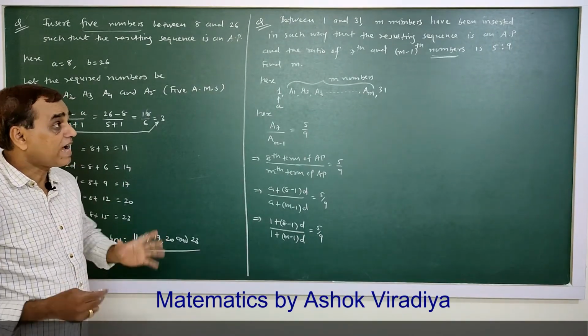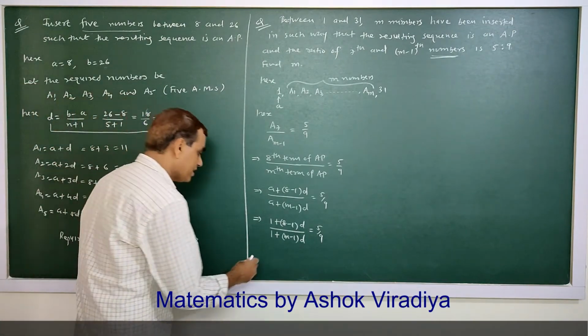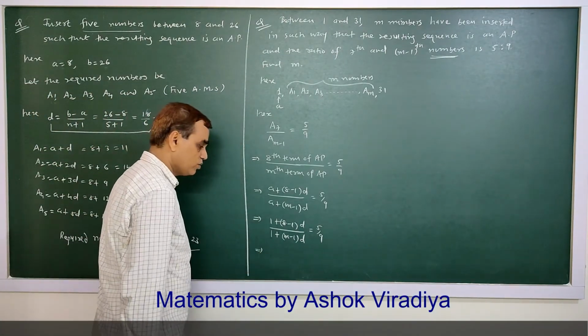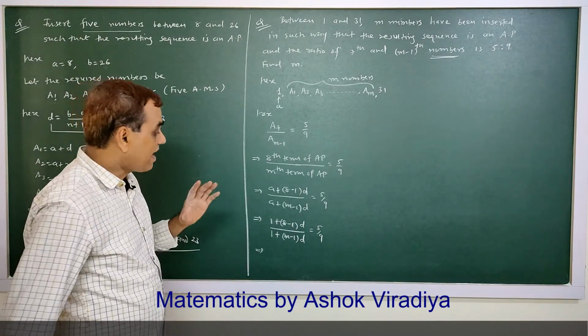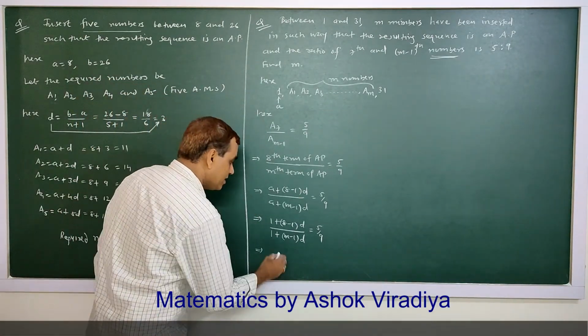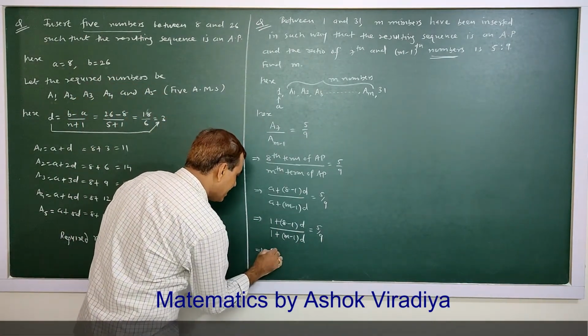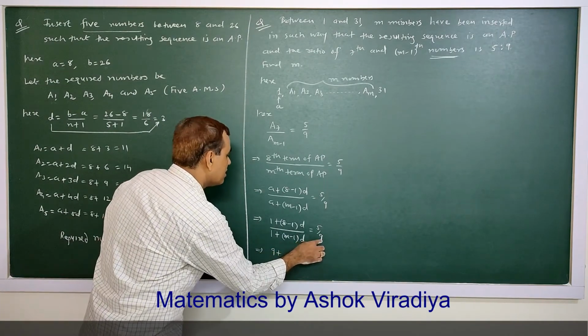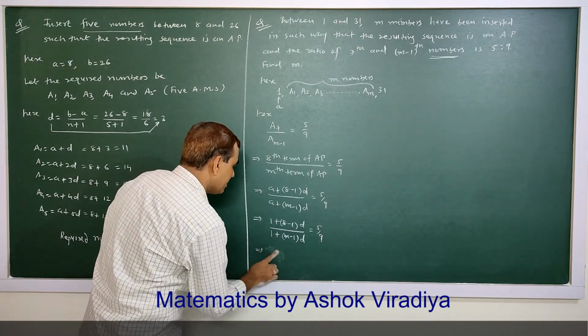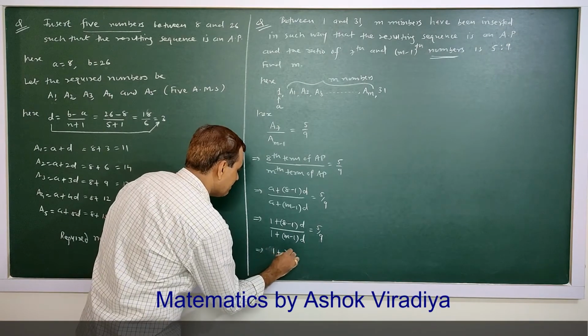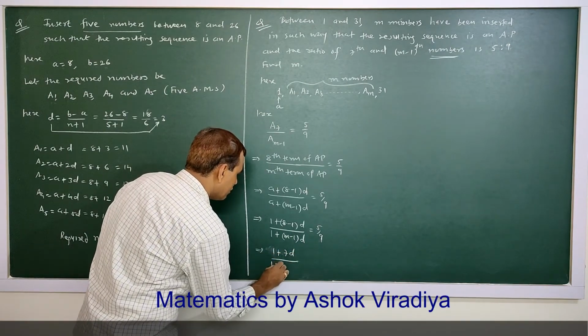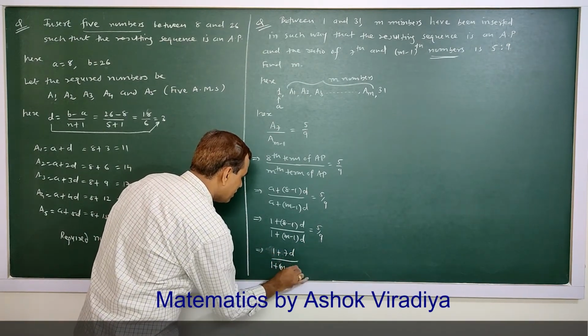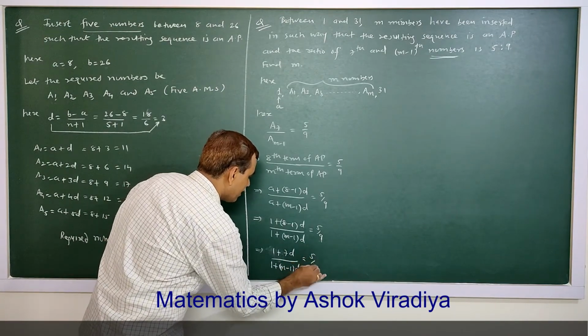We want the value of m, so we need an expression for m. So let me simplify this: 1 plus 7d upon 1 plus m minus 1 d equal to 5/9.